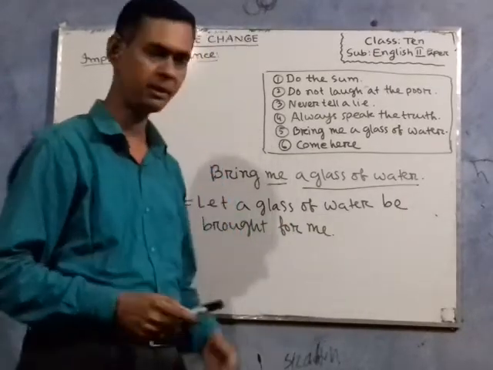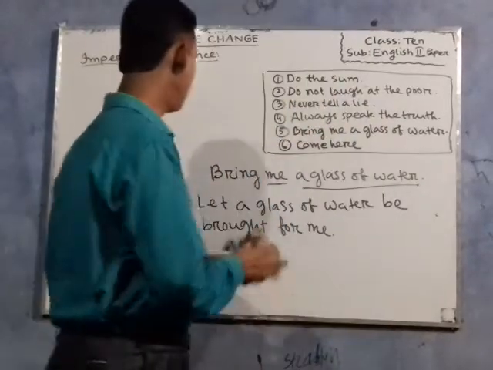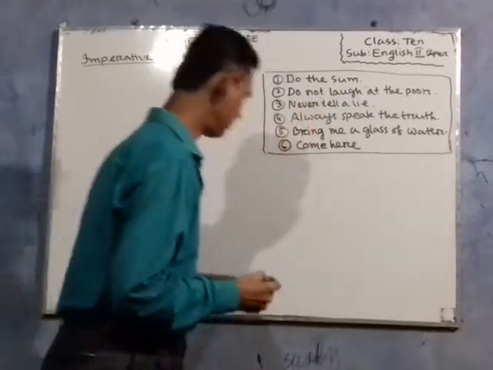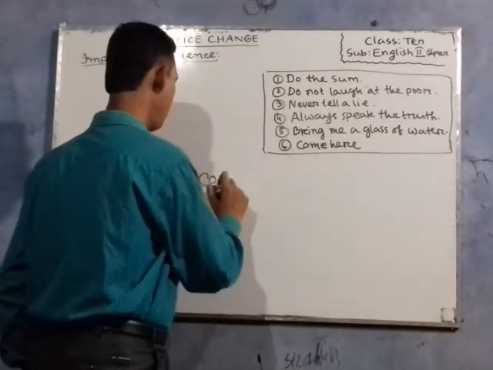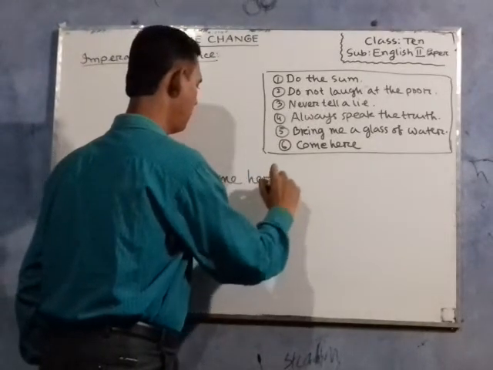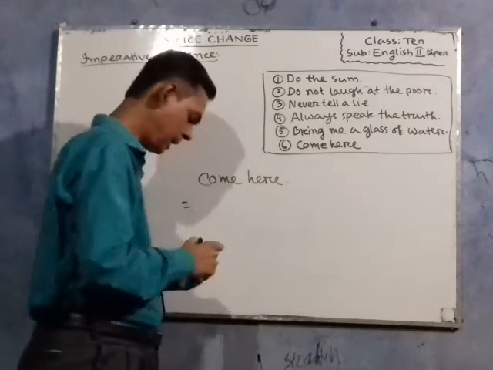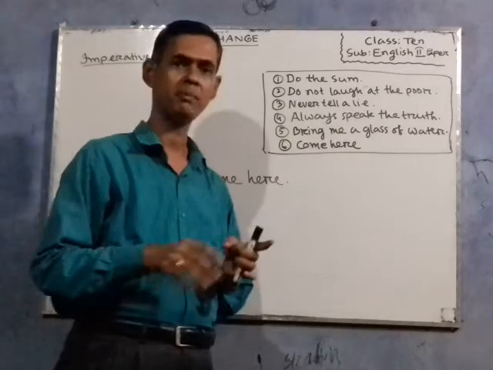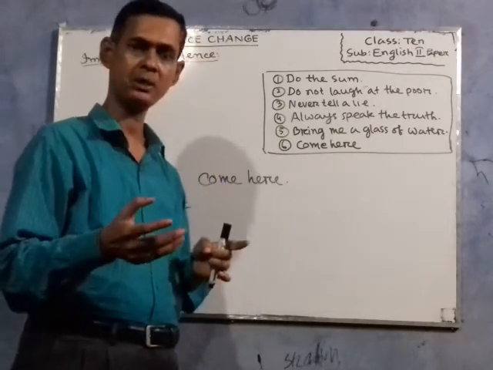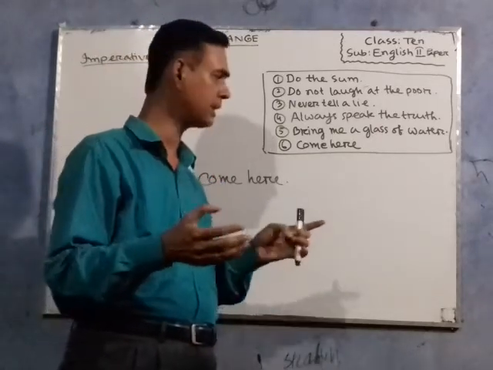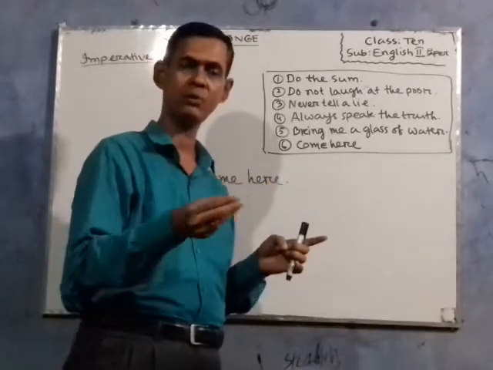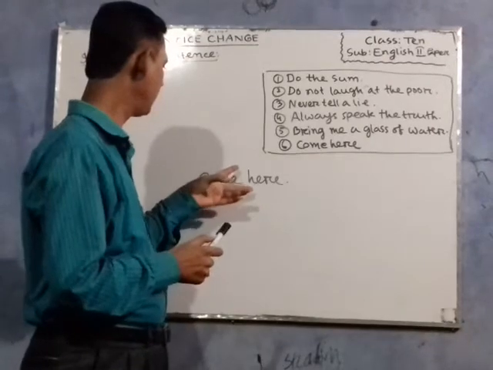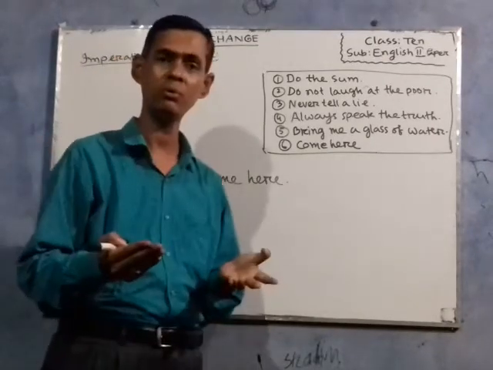Okay, does everybody understand? Dear learners, last example: Come here. Dear learners, you were taught before that if there is an object after the principal verb, at first you have to write "let" when changing this type of sentence into passive. But if there is no object in an imperative sentence, what should we do?